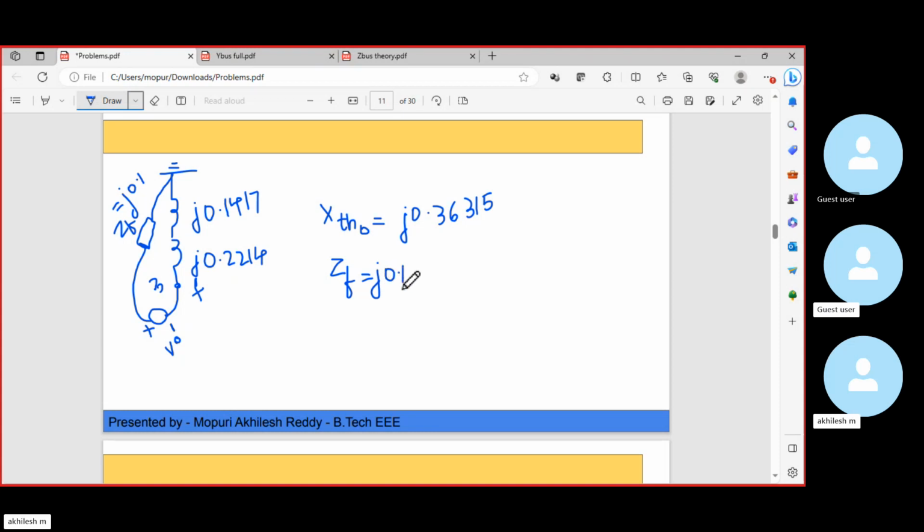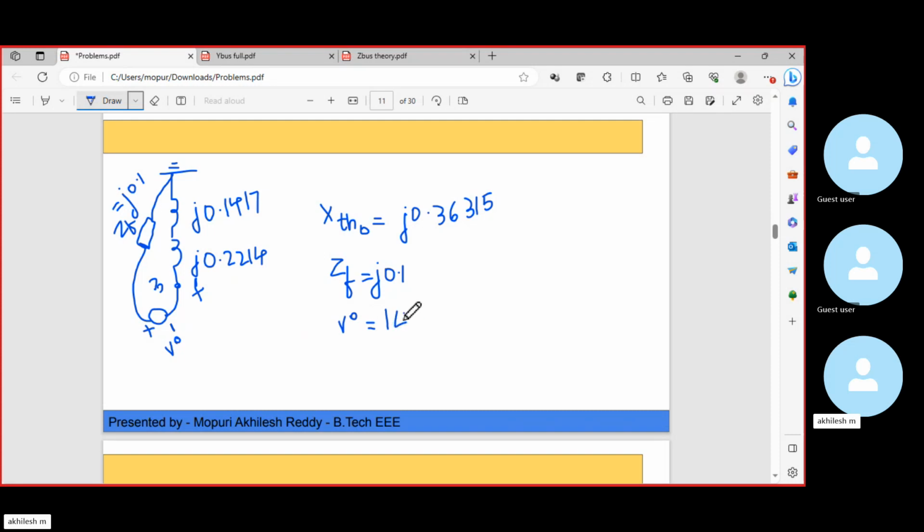In this problem, since they have not given any terminal, if they had given a load, then based on the load we would find the pre-fault voltage, which is the terminal voltage across the load divided by the base value. Since they have not given it, the pre-fault voltage is 1 per unit, 1 at an angle 0 per unit.